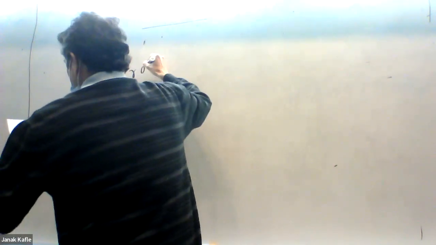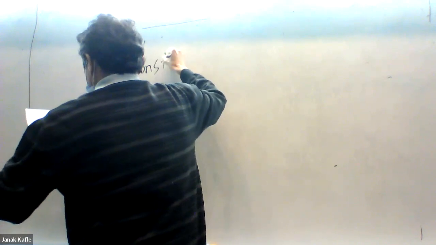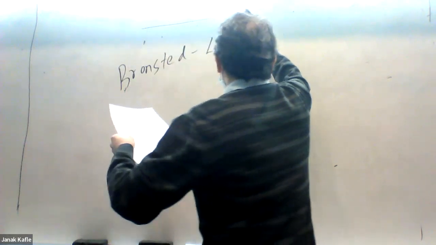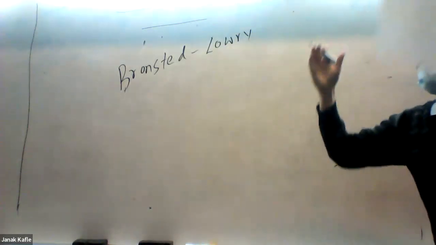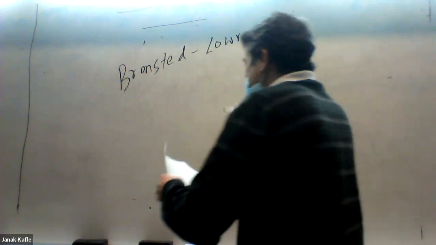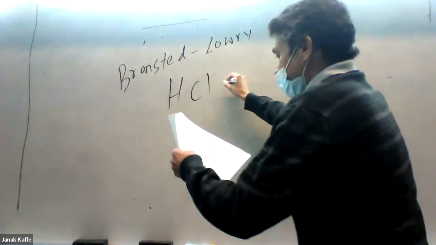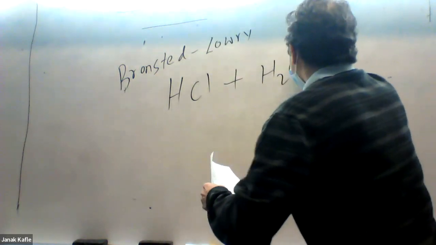Now I'm going to write another definition given by Bronsted, B-R-O-N-S-T-E-D, and Lowry, L-O-W-R-Y. So these two guys gave the definition of acid and base another way. So let's write that. So they said, this is a compound here, HCl, and this is another compound here, water.